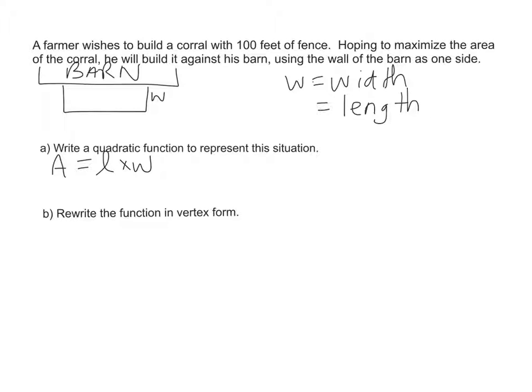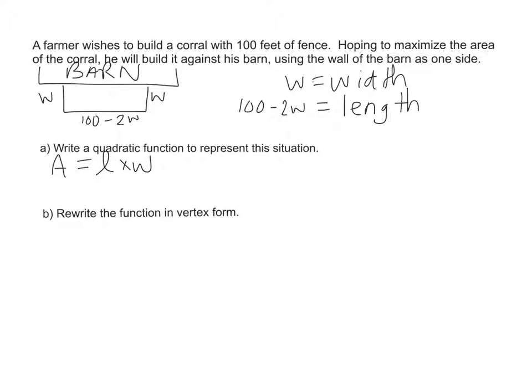We have 100 feet of fence altogether. We're going to use W on this side. How much are we going to use on this side? W over here. How much is left for the length? 100 minus 2W, right. That's this.